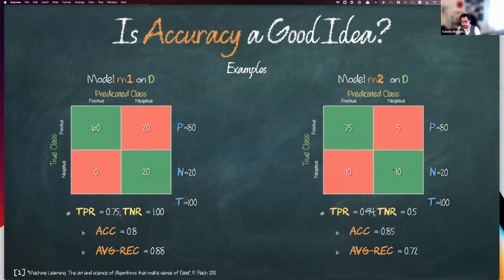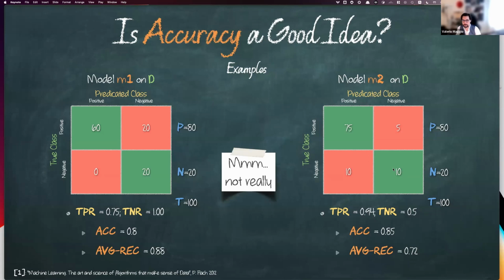But if we look carefully at the results, it seems that M1 is doing a better job predicting the negative class. This is one of the main issues with accuracy: we're just considering the positive classes. The average recall helps us reach this point and better understand what's going on.